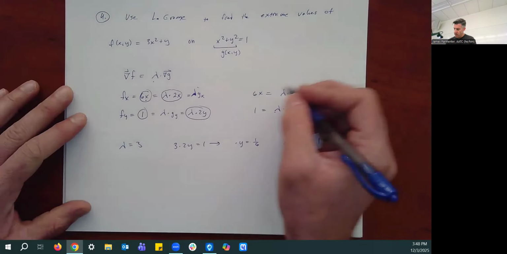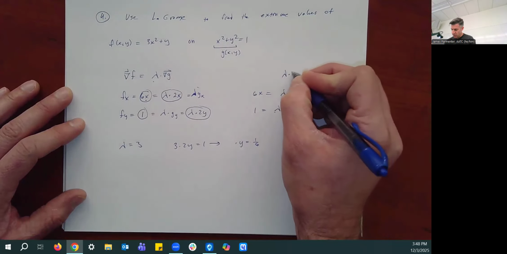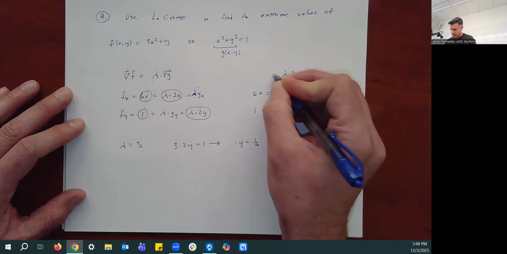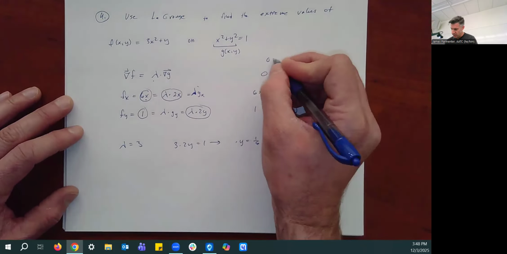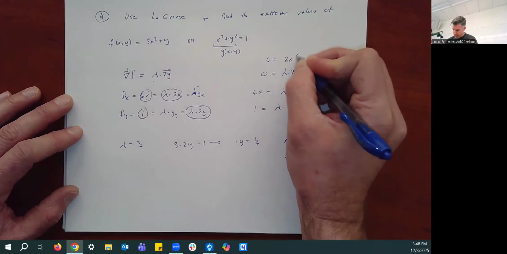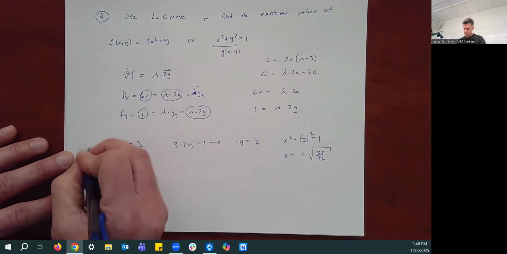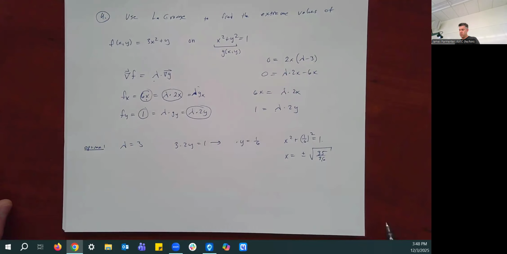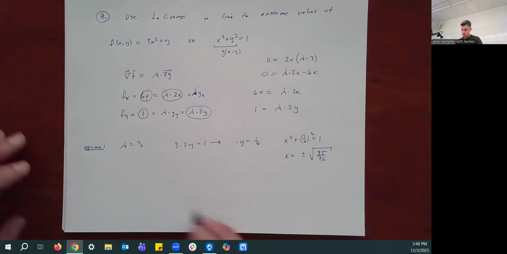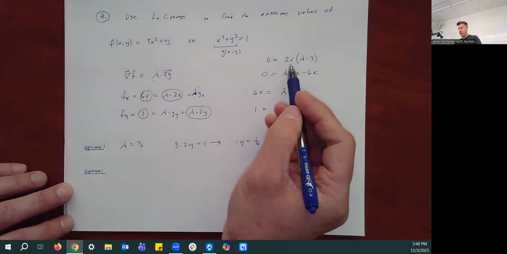We should say, hey, we're going to bring everything to one side and say that lambda times 2x minus 6x is equal to 0, and then factor out a 2x and say that 0 is equal to 2x times lambda minus 3. So option 1, lambda is equal to 3, and then you get exactly what we said we got. Option 2, another solution to this equation is x equal to 0.